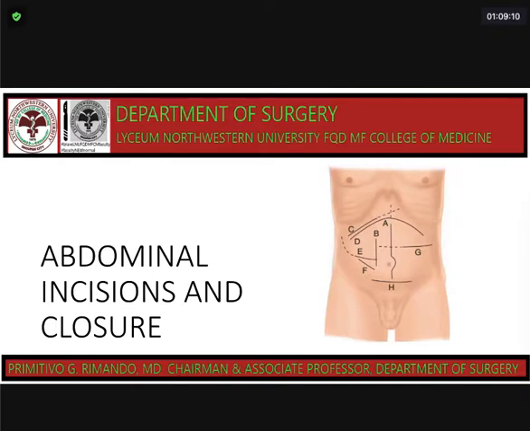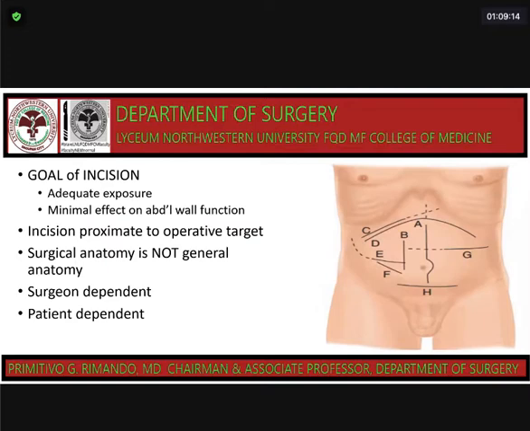So it is important for surgeons to understand the abdominal wall. And when we make incisions, what is our goal? Our goal is, of course, to make sure that our incision will give us an adequate exposure, but at the same time, it will minimize the effect on the abdominal wall function.